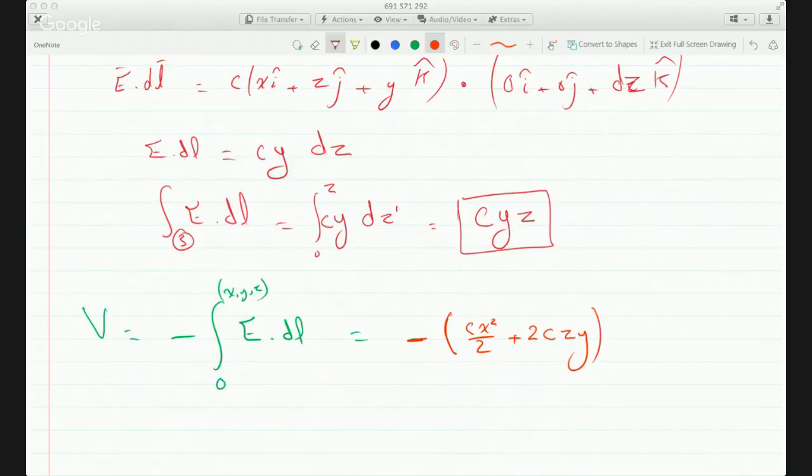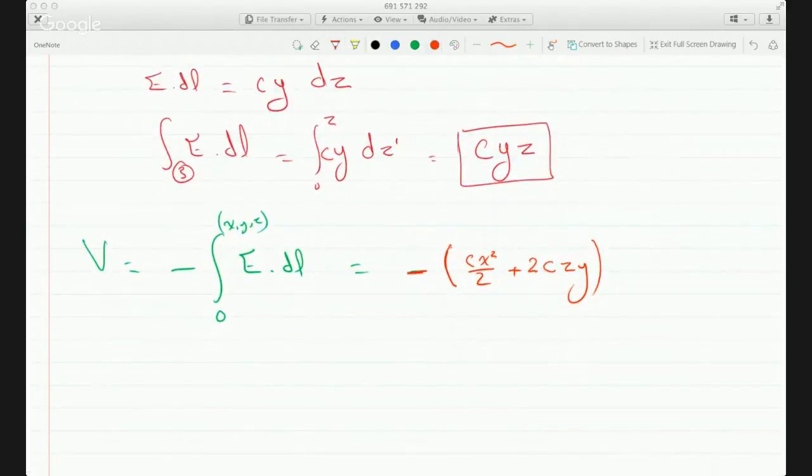So our V in x, y, z will be minus c times x squared over 2 plus 2zy.